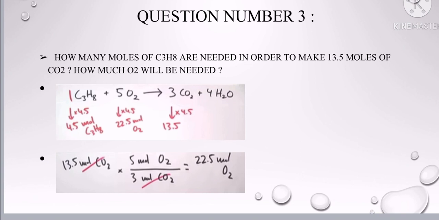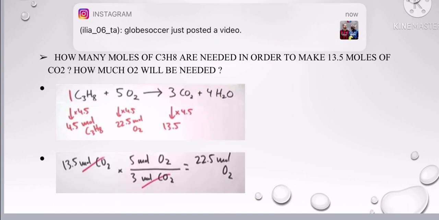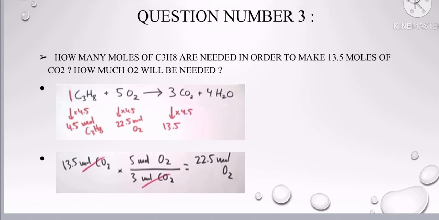If we do the same thing for propane, we are for sure going to get 4.5 moles of propane. So we're going to write the same thing, 13.5 moles of carbon dioxide multiplied by, in this case, 1 mole of propane divided by 3 moles of carbon dioxide, which is going to be equivalent to 4.5 moles of propane.